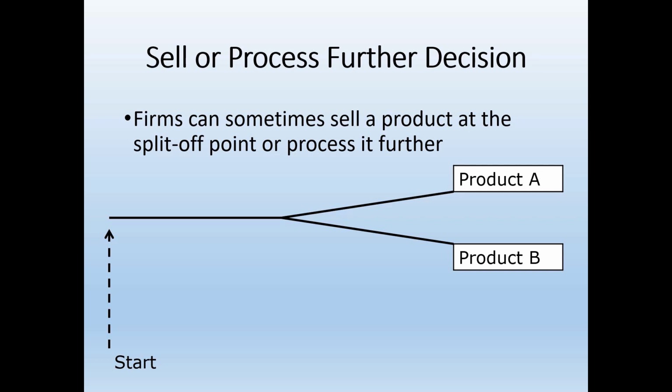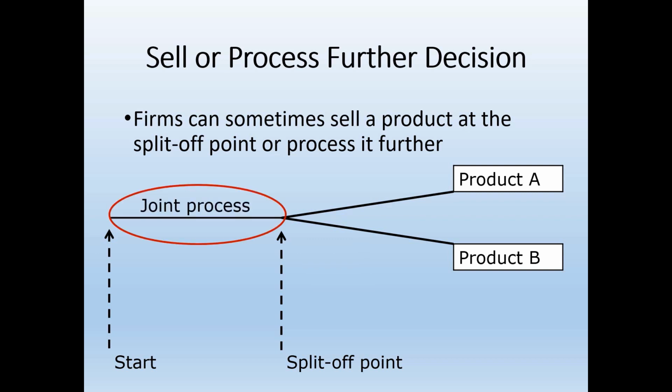They start out with apple trees, and they water the trees, and they fertilize them, and they spray them for bugs, up until the split-off point where they have to make a decision whether it makes more sense to sell the apples or to process the apples into apple pie and applesauce.